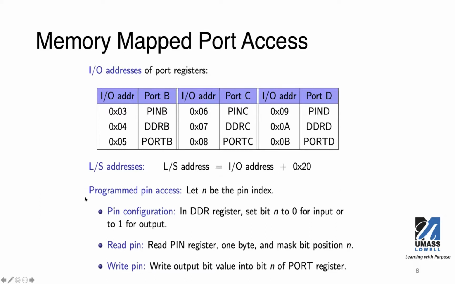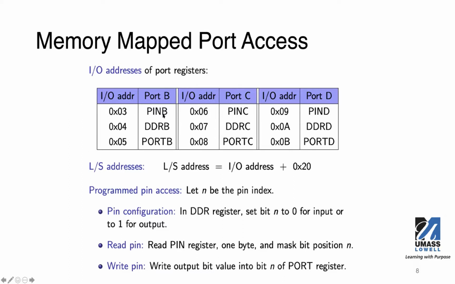The following few lines show you how you can program the pins. Like we said earlier, let's say you want N as the pin index. N could be 0 or 2 through to 7. In the pin configuration, you can set bit N to 0 if you want to use that pin for input, or set it to 1 if you want to use it for output. If you set it as an input, you will read the PIN register.